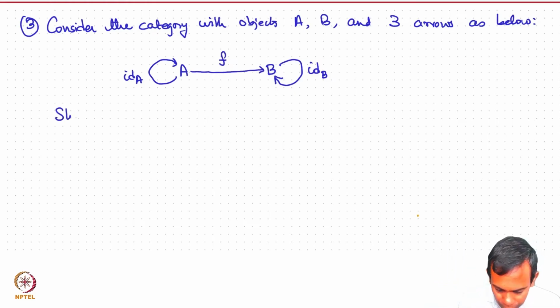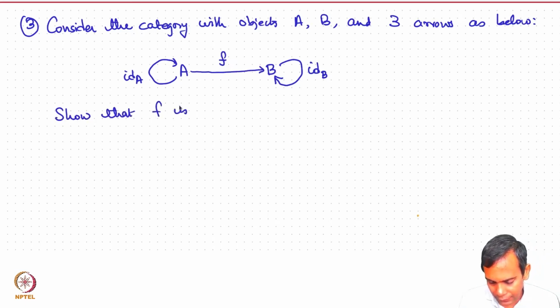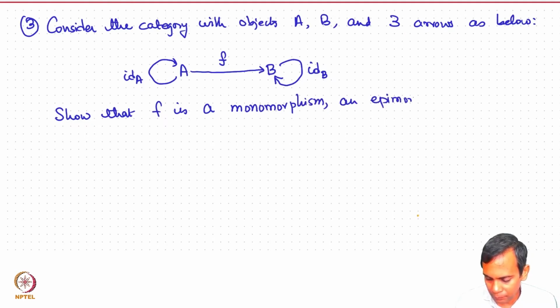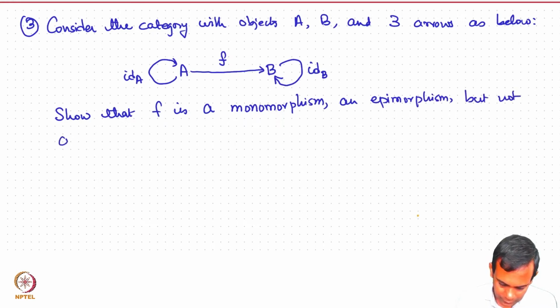Okay, so show that F is a monomorphism and an epimorphism but not an isomorphism.